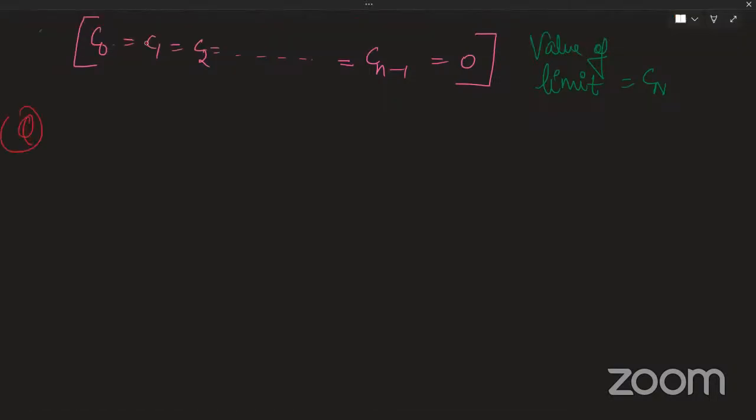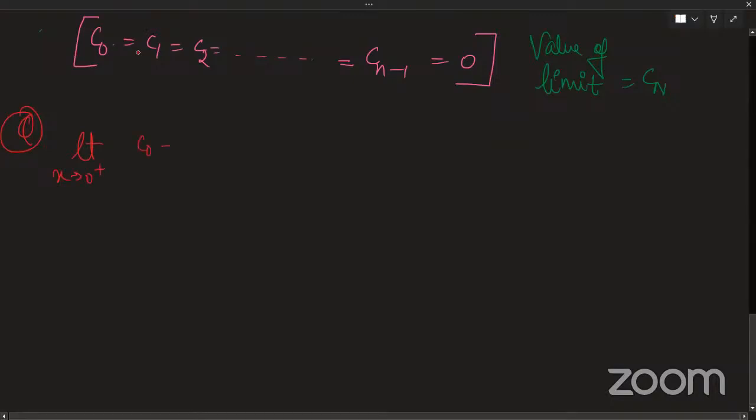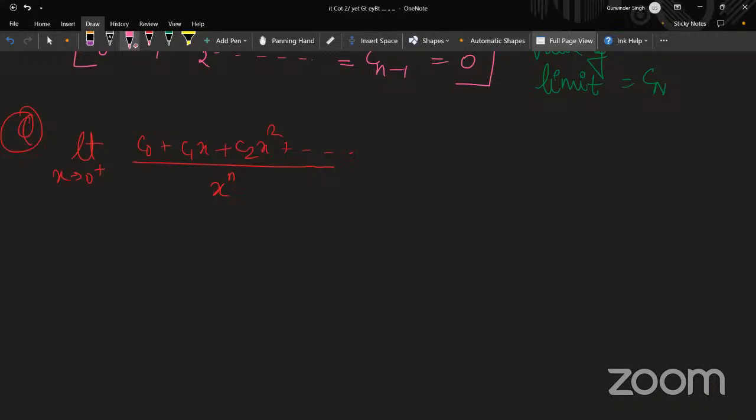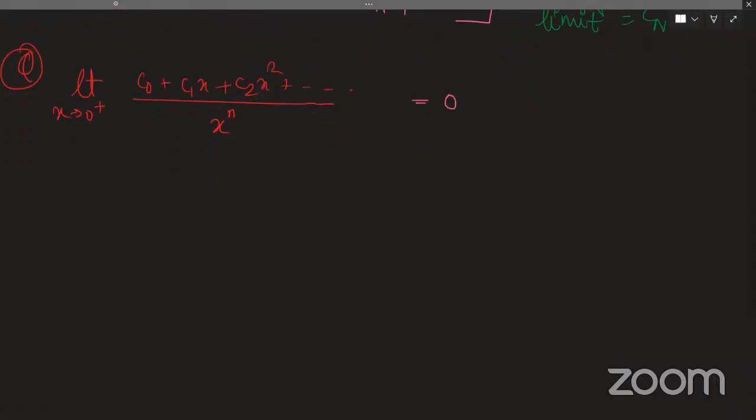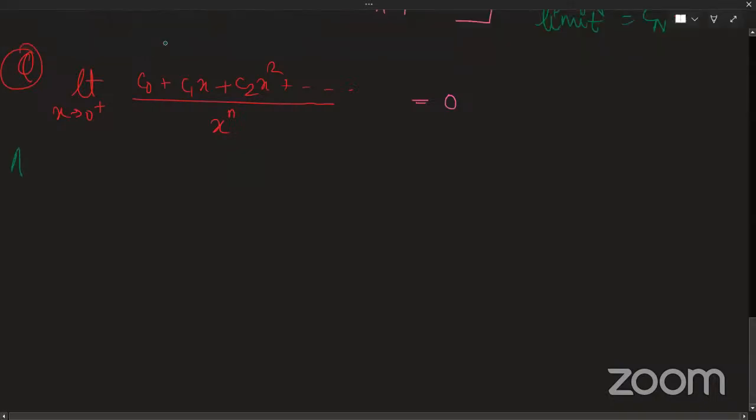Now looking at one more case, the same thing. And it is given to you that the value of this limit equals 0. So what can you infer in this case?